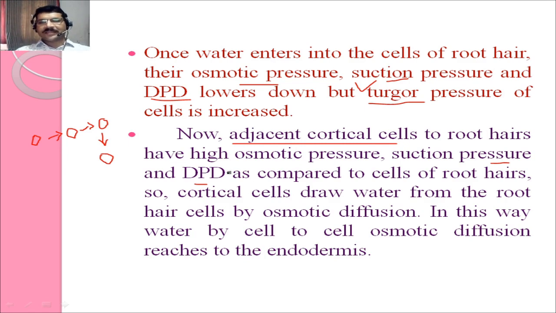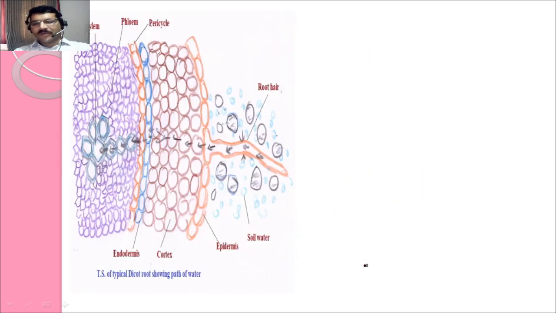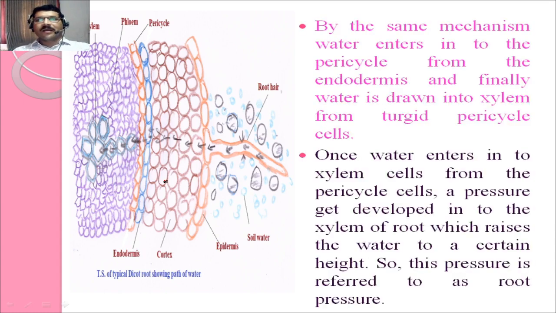Here you can see water from the root first travels into the first cortical cell, from the first cortical cell to the second, to the third, and ultimately it reaches the endodermis. This is the entry of water. So we have seen that water entered up to the endodermis.